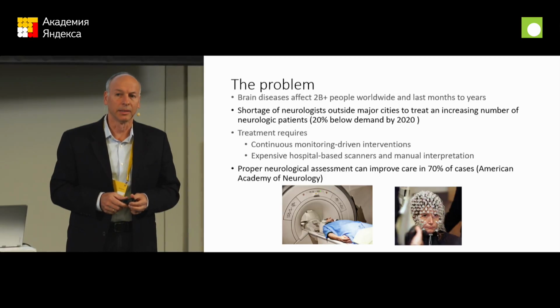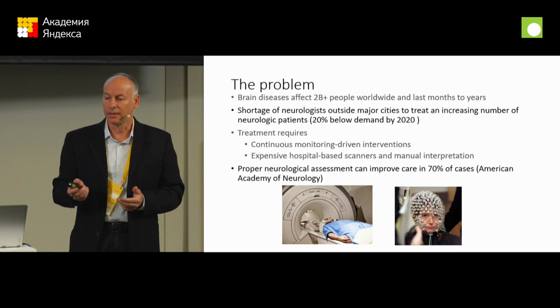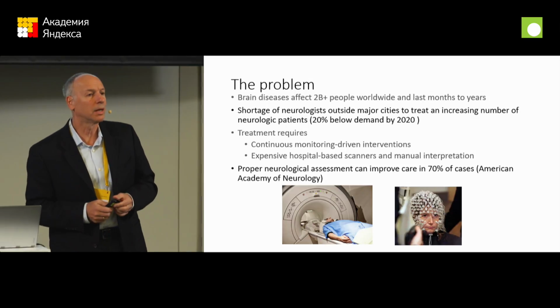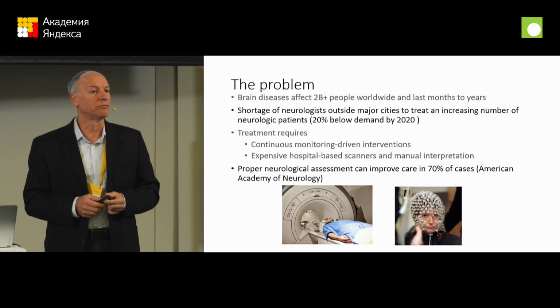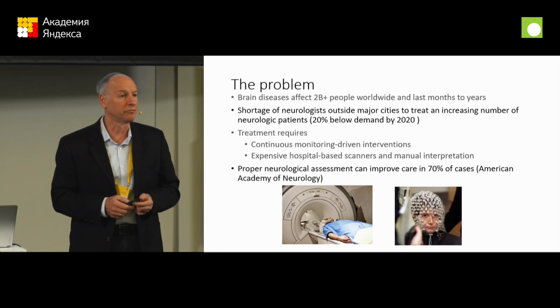So let's just go back to a slide describing the problem that we are trying to solve, and from there we'll see how we want to address it. We want to monitor the most complicated organ that we have, which is the brain. There are some scanners which are actually not very old: the functional MRI was invented only in 1985.